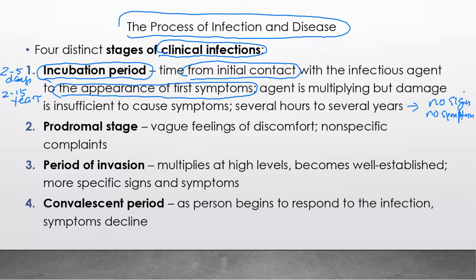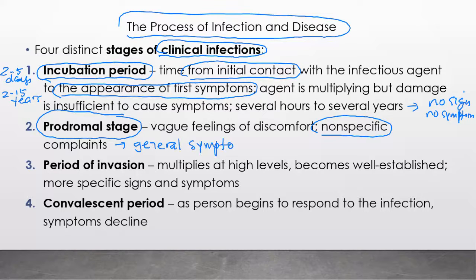The second stage will be the prodromal stage. Usually, okay, this is the start of symptom and sign, but the symptom is very non-specific. Okay, it is what we call the general symptom, such as fever, weakness.